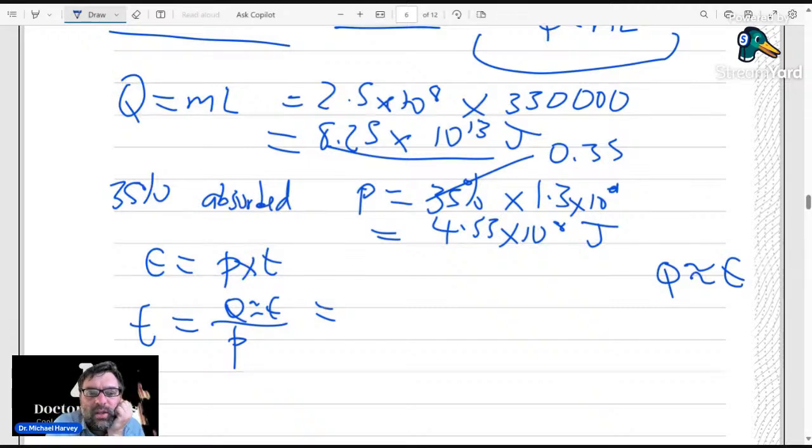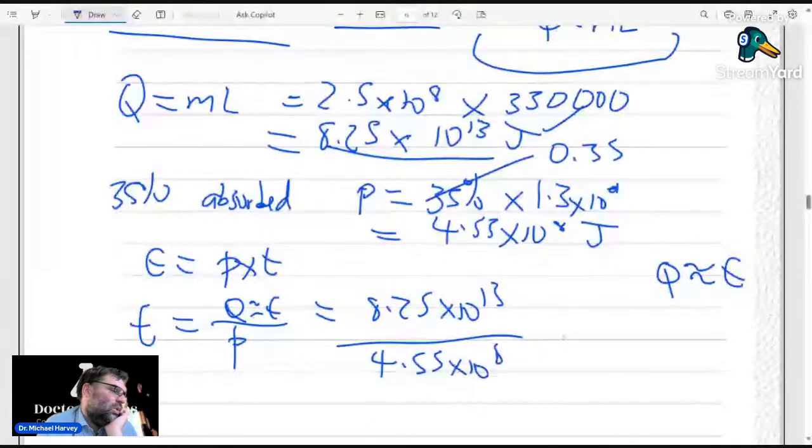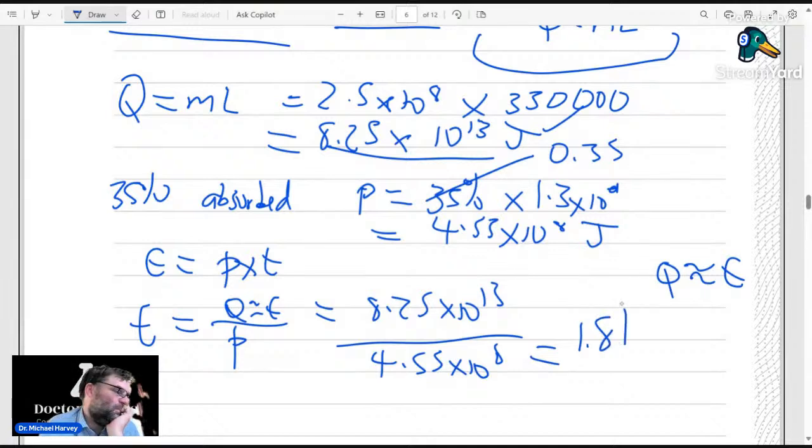So 8.25 times 10 to the 13 divided by the power 4.55 times 10 to the 8, which equals, wow, a big number, 1.81 times 10 to the 5 seconds.